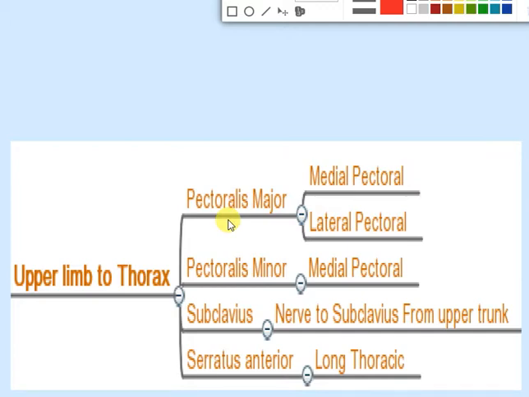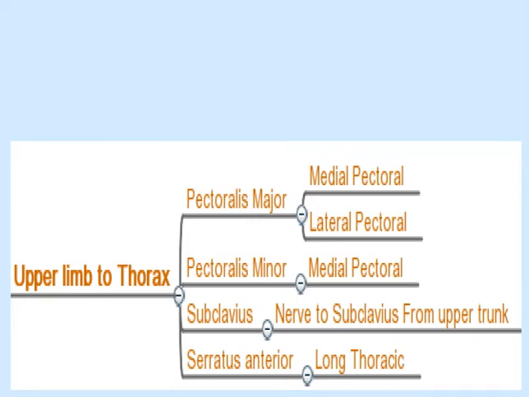The very important one to understand is the serratus anterior, which is innervated by the long thoracic nerve. It is very common in MCQs as compared with the other ones. So serratus anterior is very important as compared with the others.